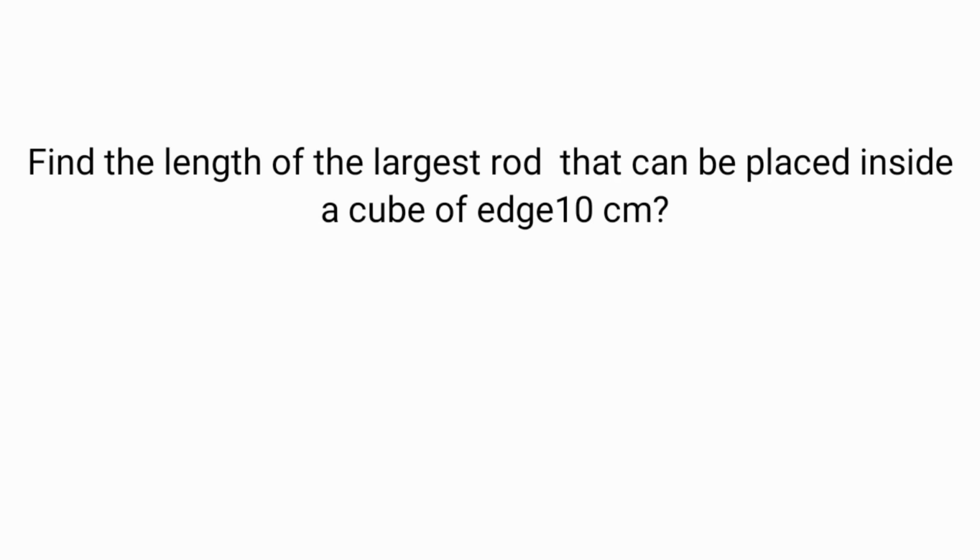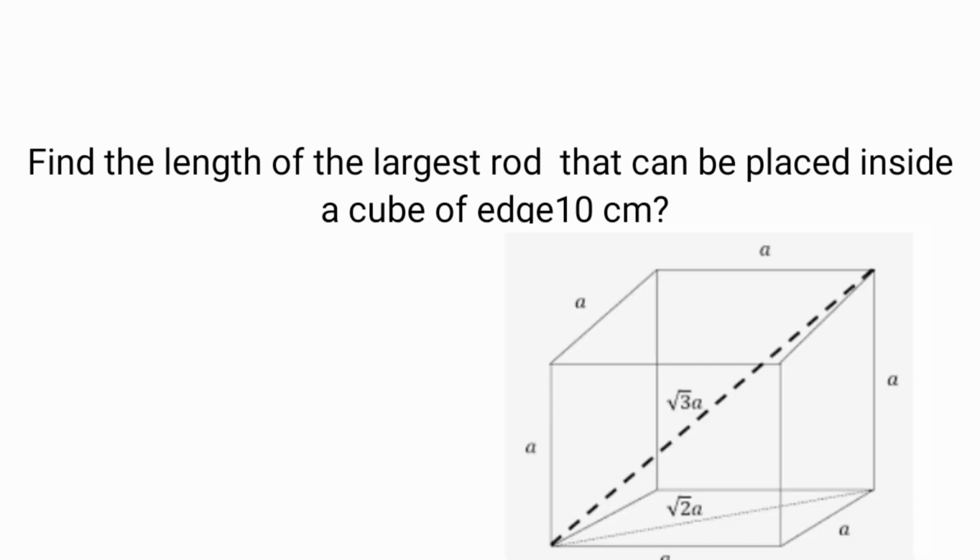Find the length of the largest rod that can be placed inside a cube of edge 10 centimeter. So here one cube is given. Here the diagonal is the one which is represented by the dotted line and its length is equal to root 3a. In our question the edge is given as 10 centimeter and we are asked to find out the length of the largest rod that can be kept inside the cube.